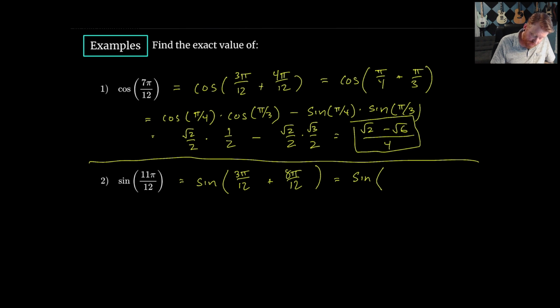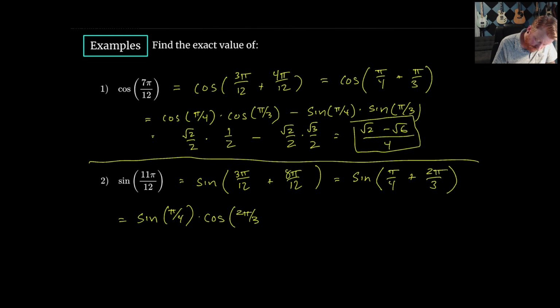3 pi over 12 is pi over 4, and then 8 pi over 12 is 2 pi over 3. And those are angles that I do know the values of for sine and cosine. So if I rewrite this now, we have an addition for sine, so I'm going to do sine of pi over 4 times cosine of the other angle, 2 pi over 3, and then I will add sine of not pi over 4 but the other angle, 2 pi over 3, and then cosine of not the one I already did, but the other angle, which is pi over 4.